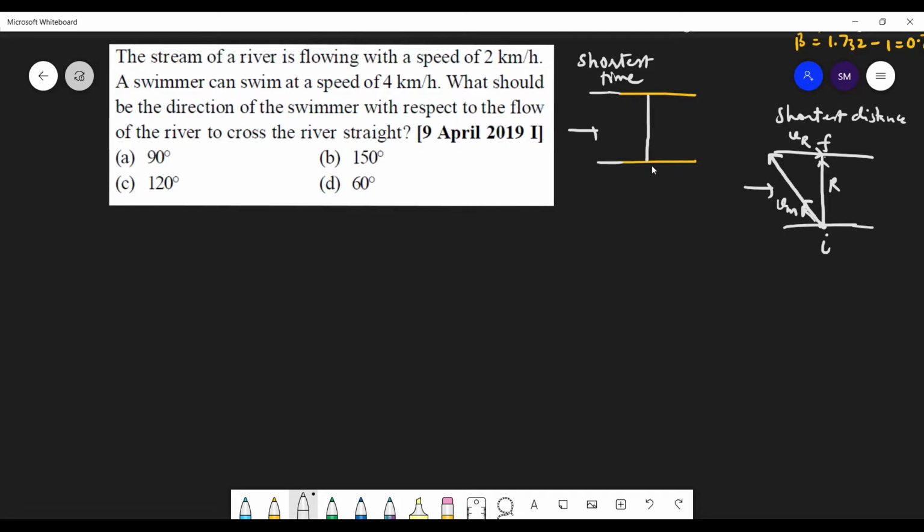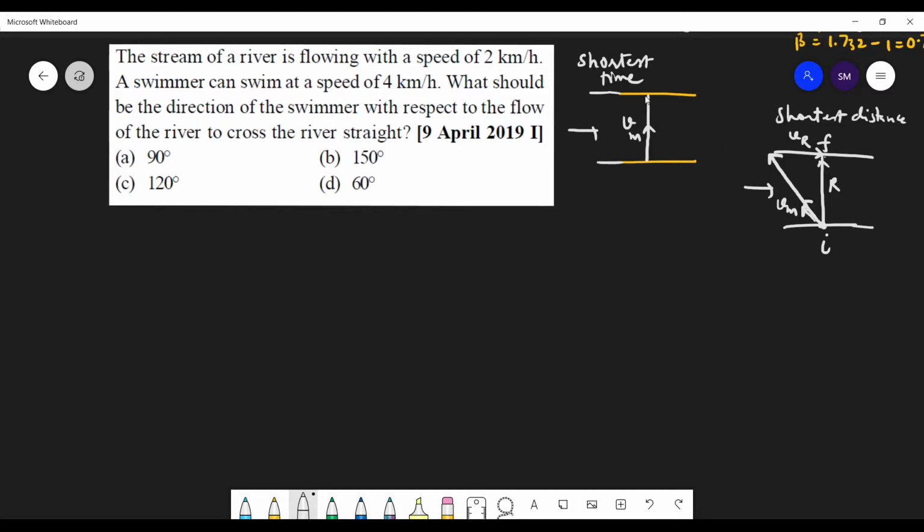But now if you want the shortest time, it means your velocity should be in this direction.